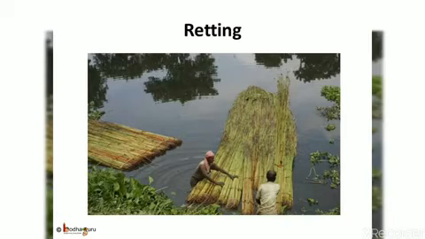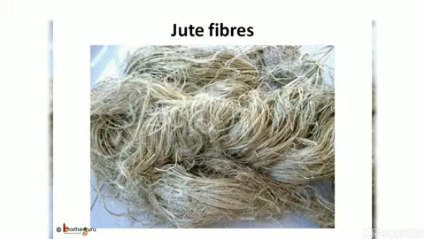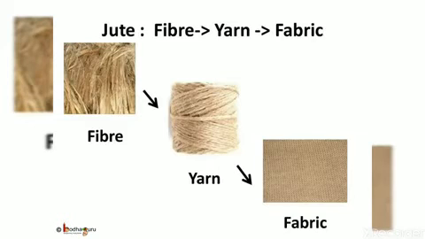This process is called retting. Then fibers are separated from the stem using hands, as jute fibers are very strong. After separating, the jute fibers are dried in the sun for 2 to 3 days. And then the jute fibers are tied in bundles and sent to the jute mills.